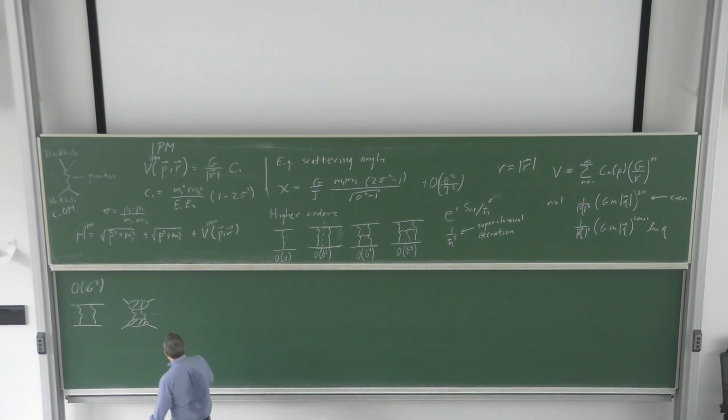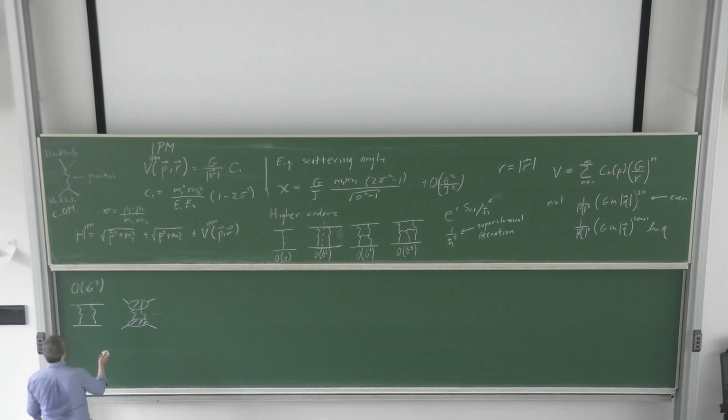Okay. And the pieces we're interested in, looking at that counting, so I go over there and I look at n equals 1, well, the piece I'm interested in goes like 1 over q.